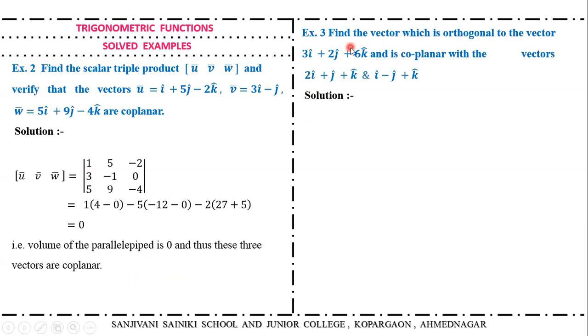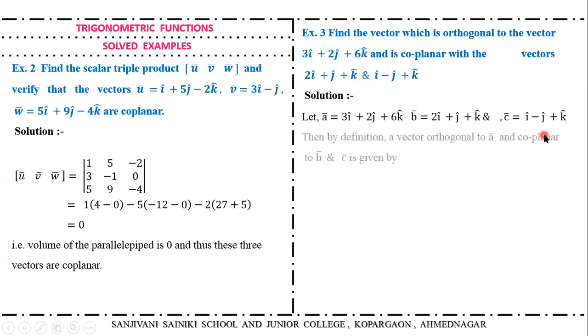Third example, find the vector which is orthogonal to the vector and is coplanar with the vectors. We have to find a vector which is perpendicular to the first one and which will be coplanar with these two vectors. How to find? Suppose this first vector is A bar, the second vector is B bar and the third vector is C bar.